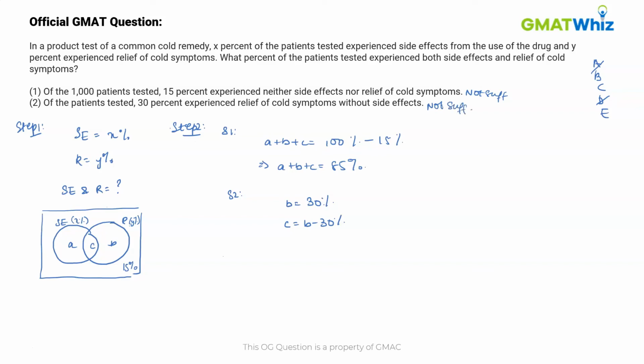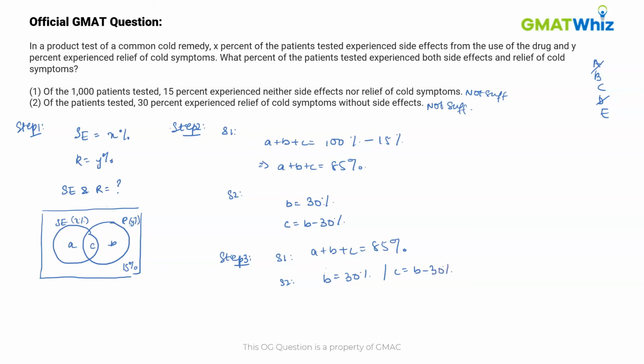And we move on to the last step, which is step 3, and analyze both the statements together. So from statement 1, we got that A plus B plus C equals 85%. And from statement 2, we have that B equals 30% or C equals B minus 30%.